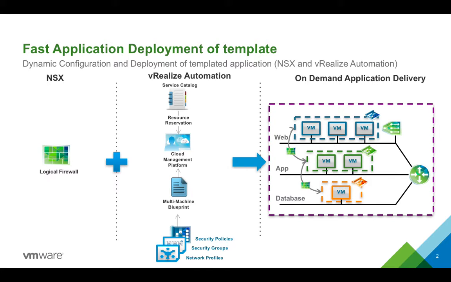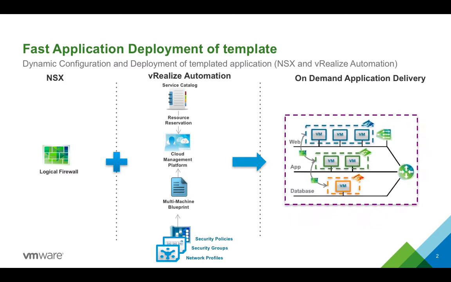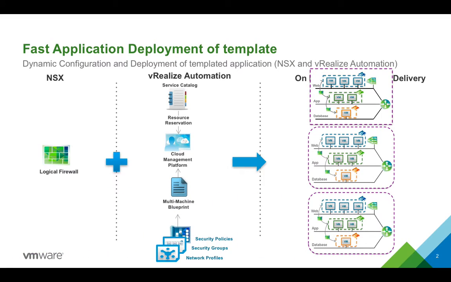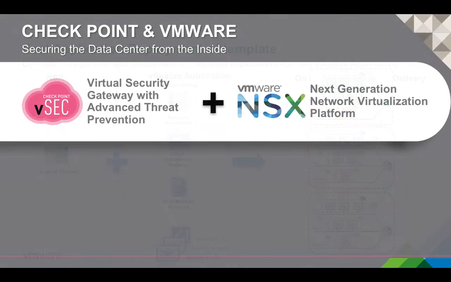So I demoed the creation of a blueprint and then dragging and dropping the networks and security services. With that, you can templatize it and create the network and security services automatically together with the VMs itself.